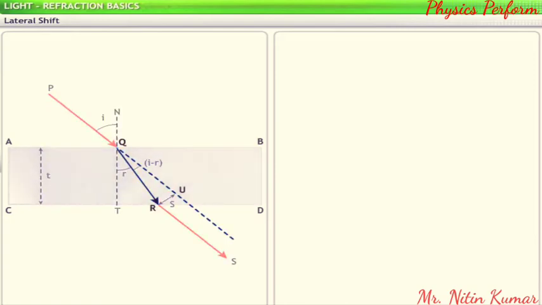It is equal to i minus r. Now consider the right triangle QRU. In this triangle, sine of (i minus r) is equal to the ratio of S to QR. Thus, QR is equal to the ratio of S to sine of (i minus r). This gives you equation 1.